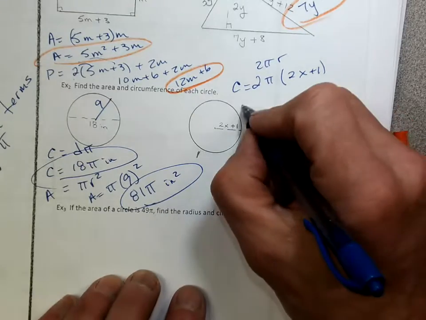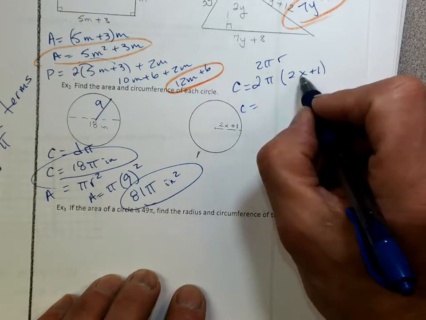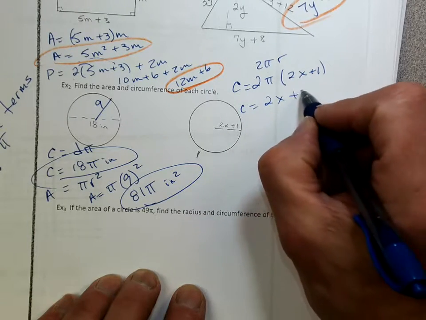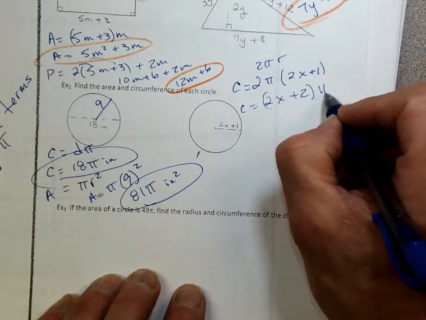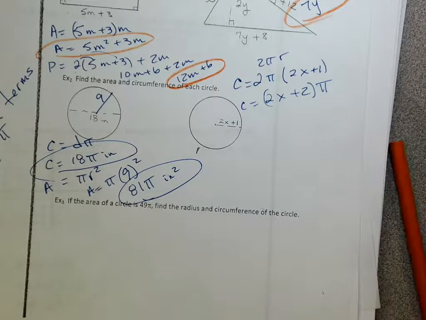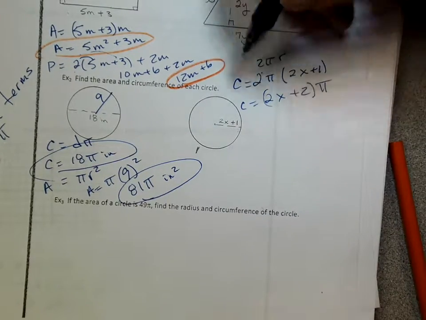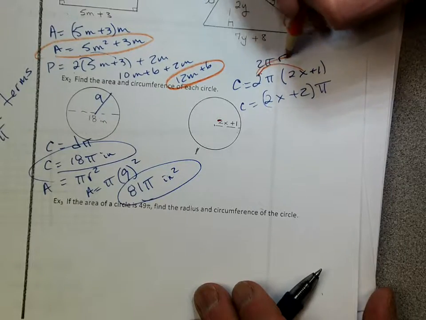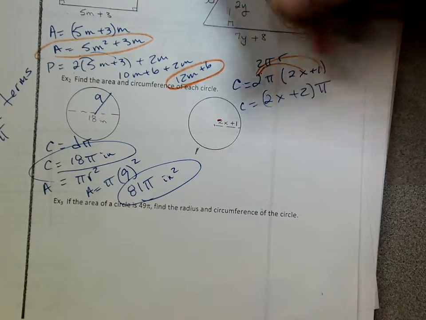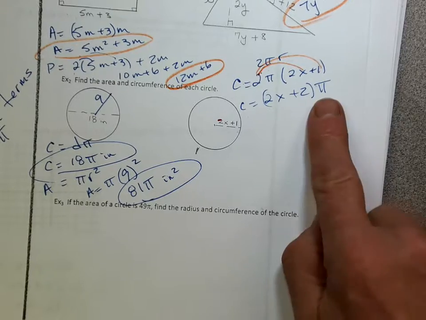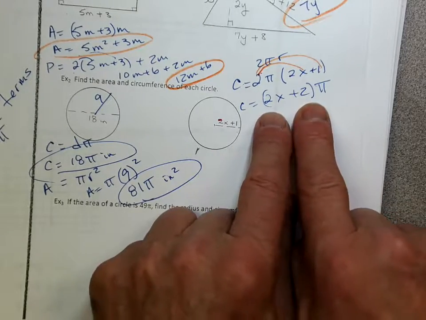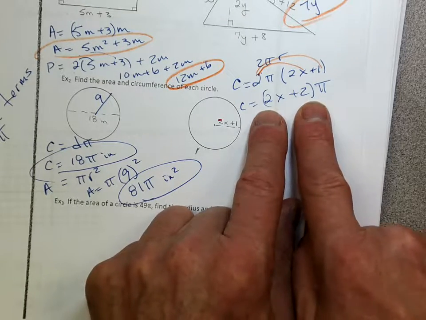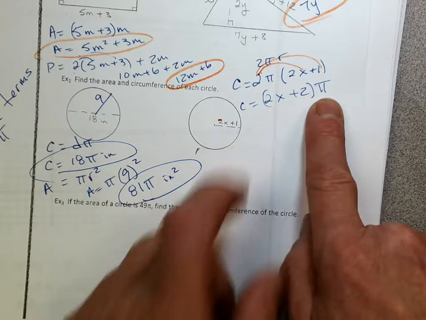So our circumference is going to be 4x plus 2, in parentheses, times pi. I just left the pi on the outside. You have to have the parentheses though, because both of these are multiplied times pi, okay?